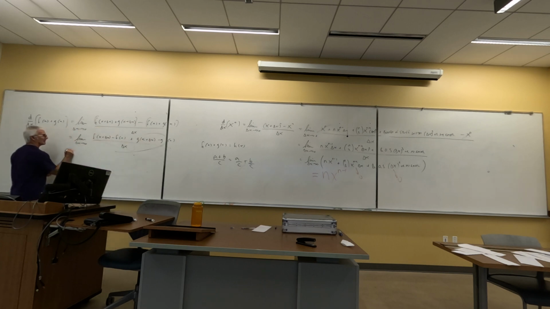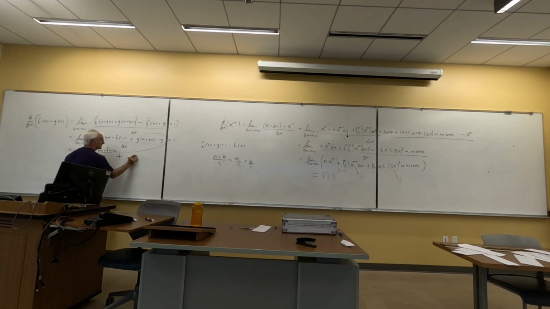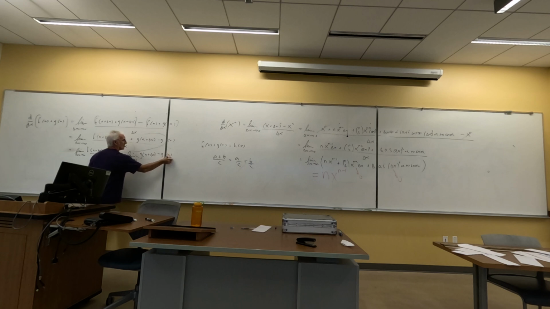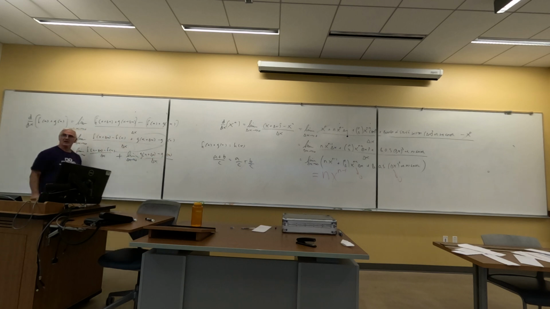So let's do that. So this is now the limit as delta x goes to 0 of f of x plus delta x minus f of x all over delta x plus the limit as delta x goes to 0 of g of x plus delta x minus g of x all over delta x. Okay, stare at that for a moment. Is that true? Remember I said the ultimate test?